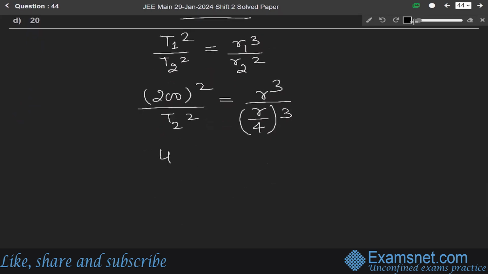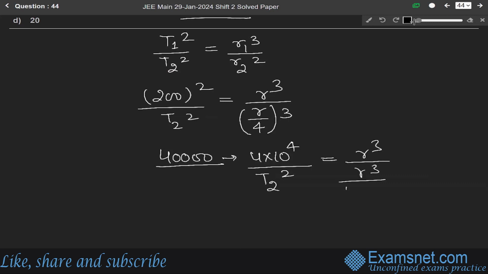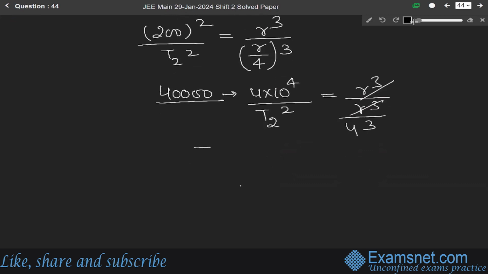So it means 4 into 10 to the power 4 over T2 square will be equal to R cube over R cube into 4 cube. R cube cancels out each other. So T2 square will be equal to 4 into 10 to the power 4 over 4 cube. Okay.